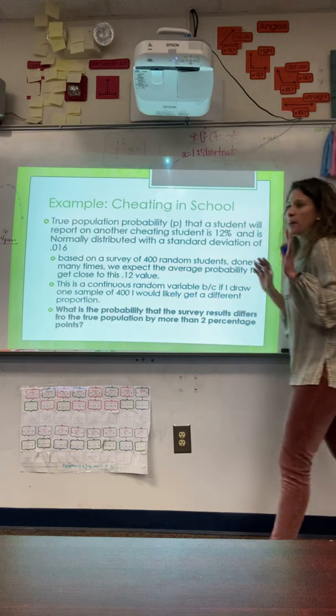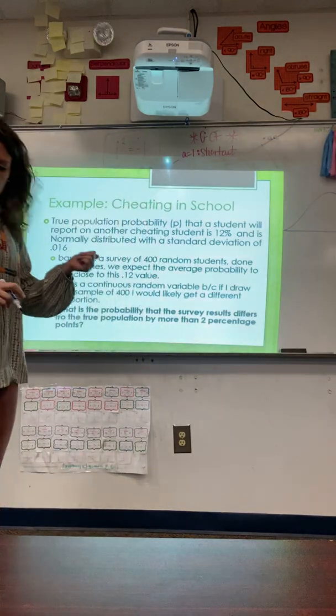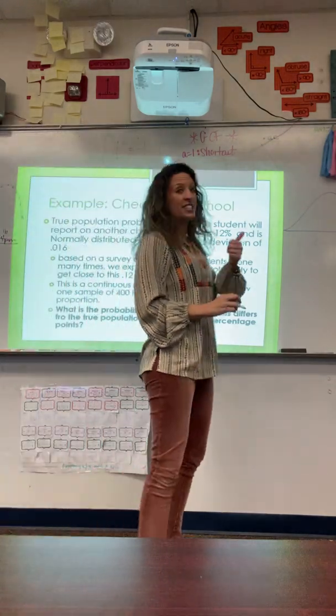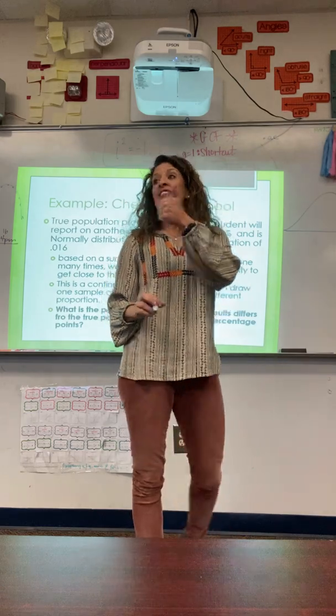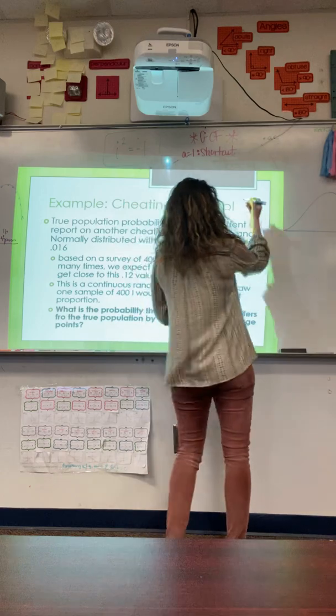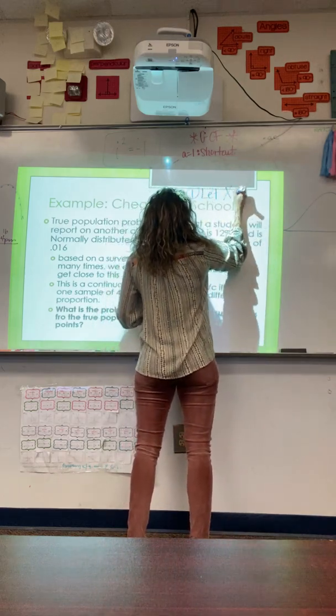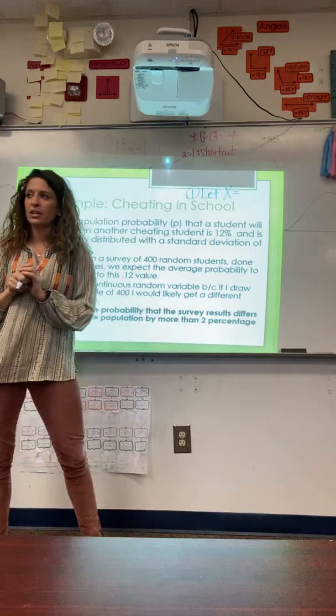So let's start by looking at our information. We need to identify our variable and our x value. In this case, I can't draw a table because it's continuous, so I'm going to draw a picture. All right, let's start with number 1. Let x equal what? What's x going to equal?